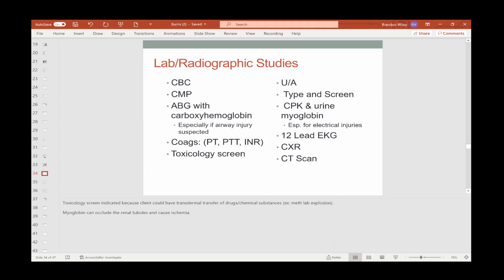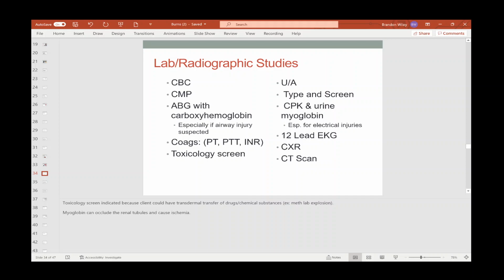So we're going to have a high white count, aren't we? I mean, yeah. So we're going to keep an eye on that. But you're going to have an increase in white count. Your CBC, remember this is a fluid and electrolyte thing. I have got destruction of cells. What comes out in the cell when we destroy it? Potassium.